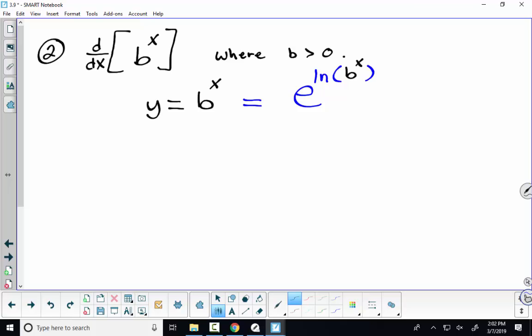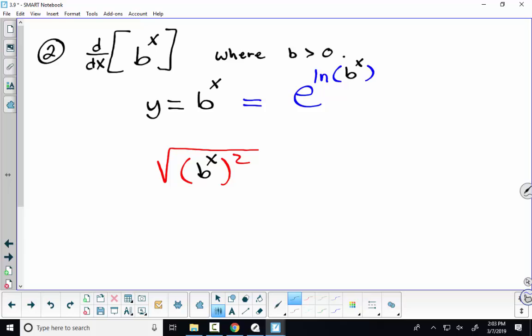Where are you getting e from b? Let's say this is b to the x. Couldn't I write b to the x as the square root of b to the x squared? Couldn't I write it like that?